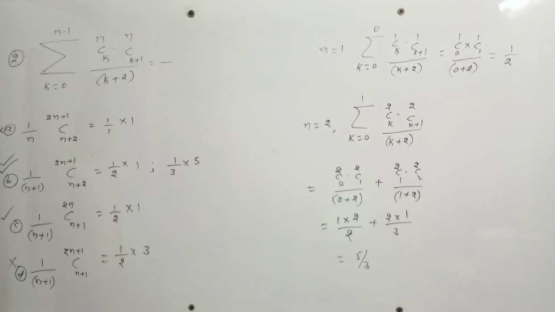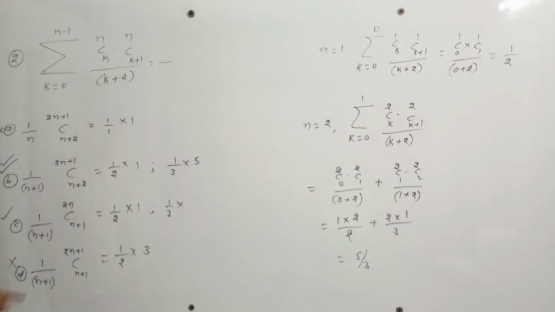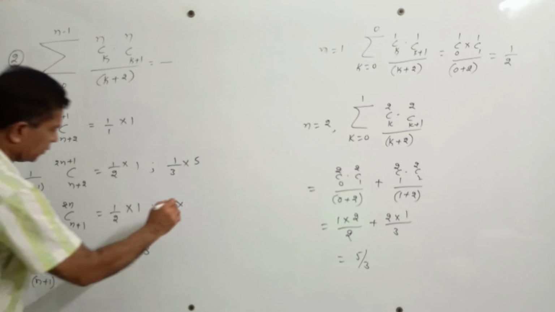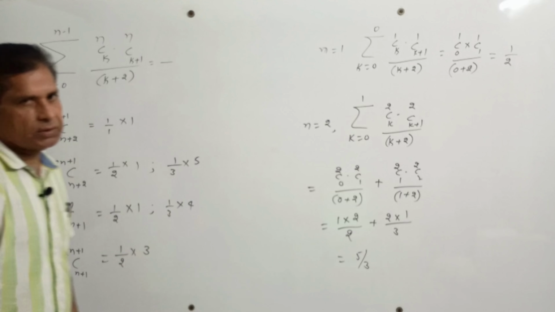Even check C. For n is equal to 2, 1 by 2 plus 1 becomes 1 by 3. For n is equal to 2, this is 4, this is 3. Therefore 4C3 becomes 4. But we want 5 by 3. Therefore option C is not the correct option. Option B is the correct option.